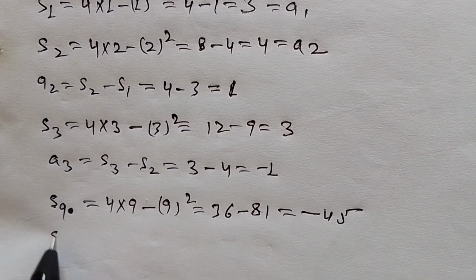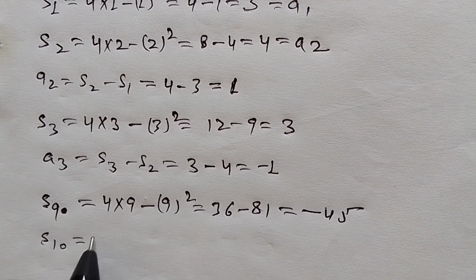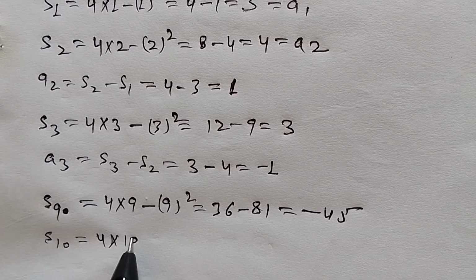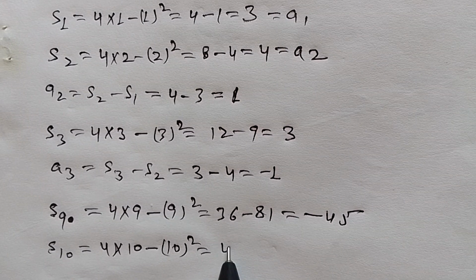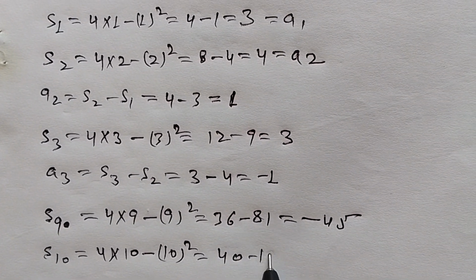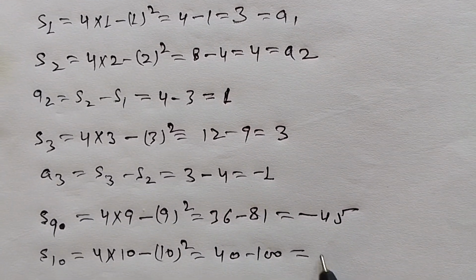Then similarly we will calculate S10. S10 is 4 multiplied by 10 minus 10 square, so it comes out to be 40 minus 100, which is minus 60.